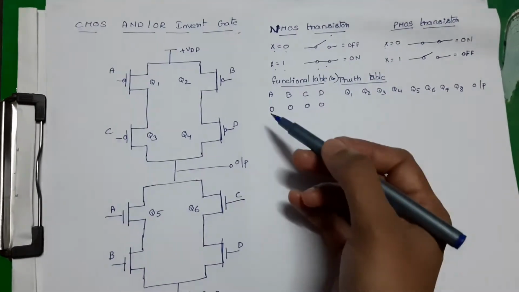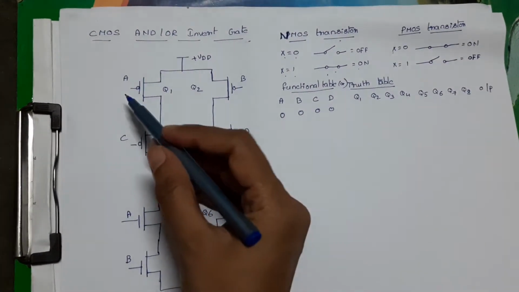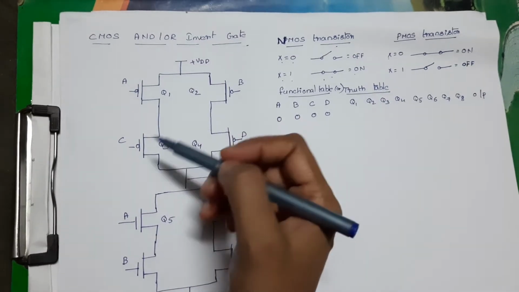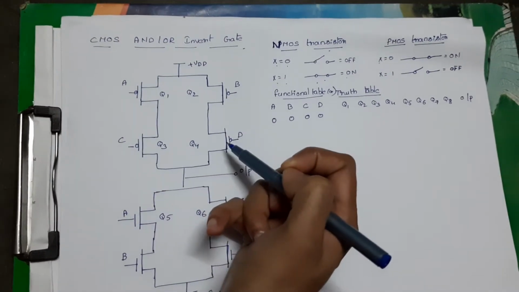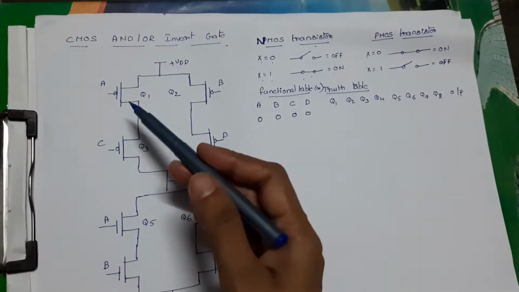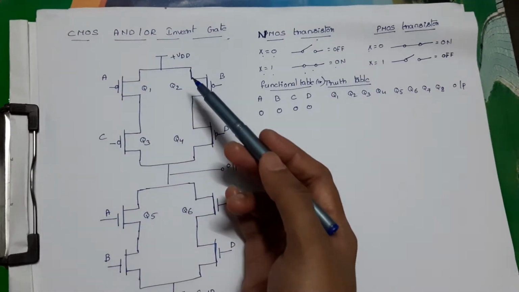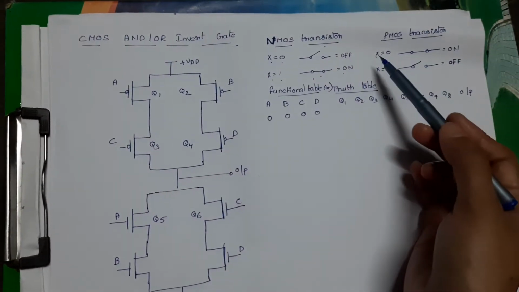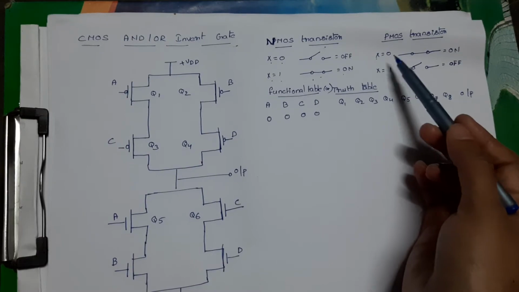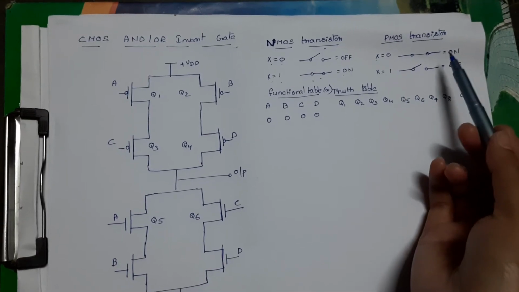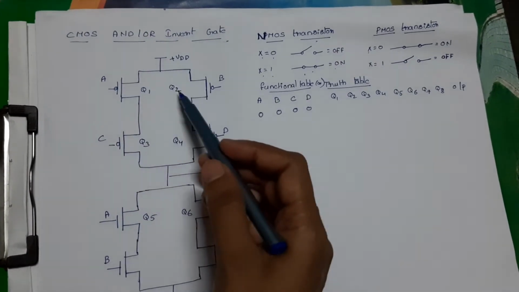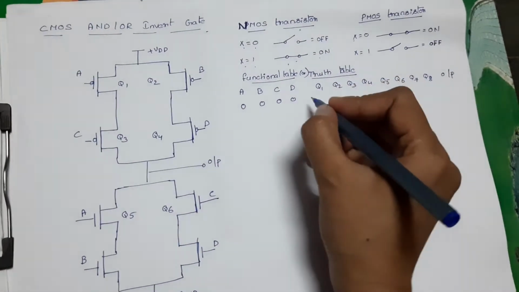So the input A is equal to 0, B is equal to 0, C equal to 0 and D equal to 0. Whenever the input to a PMOS transistor is 0, the condition is on. So we can write Q1, Q2, Q3, Q4 are on.